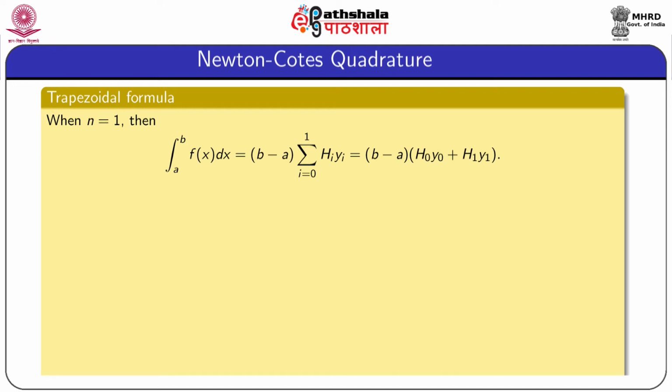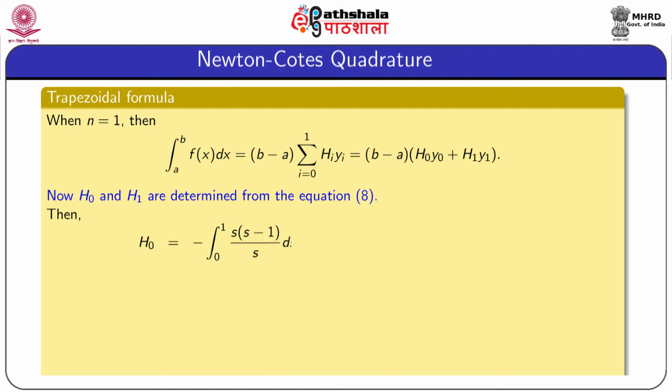When n equal to 1 we obtain the Newton-Cotes quadrature formula known as the trapezoidal formula. For this case, integration a to b f(x) dx equal to (b minus a) summation i equal to 0 to 1 hi yi, which is equal to (b minus a) into (h0 y0 plus h1 y1), where h0, h1 are the Cotes coefficients determined from equation 8.